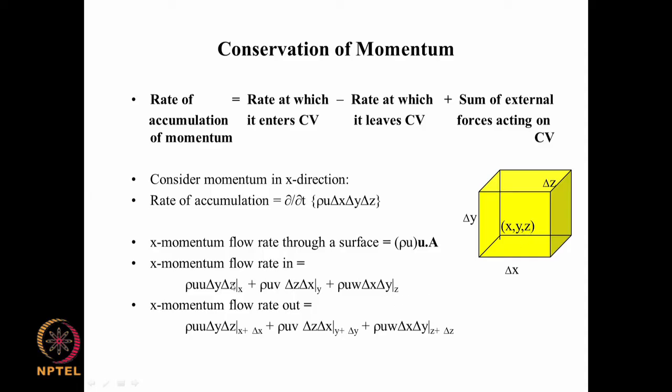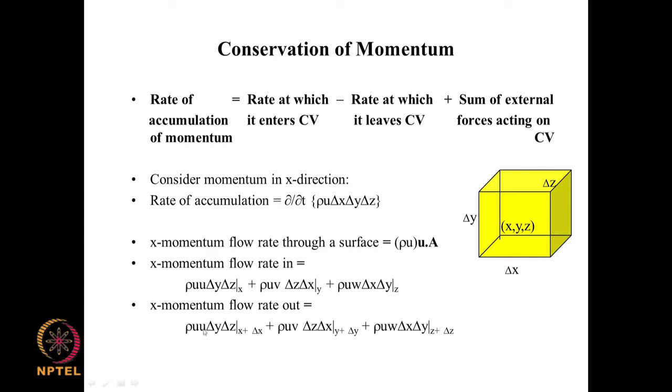Okay. So, in this sense we can write an expression, we can calculate the amount of x momentum that is being brought into the control volume by the incoming flow, and what is being taken out by the outgoing flow. If these two are the same, then there is no net change in the momentum because of this.